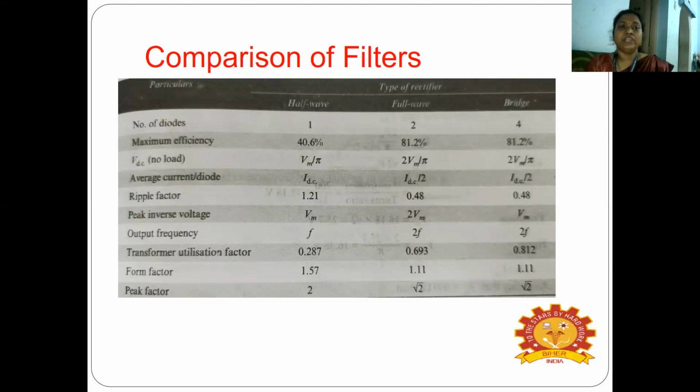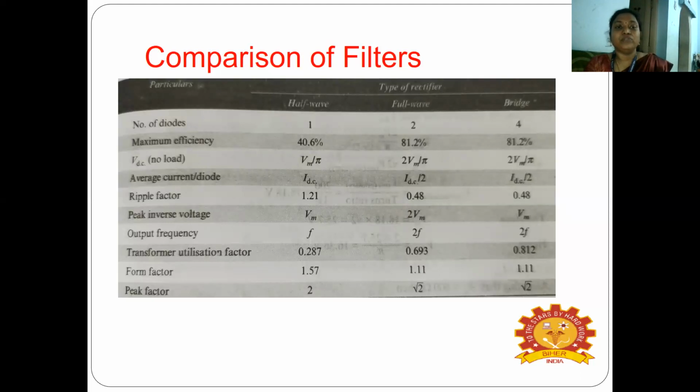For the half wave rectifier, the number of diodes we have used is only 1, full wave rectifier 2, bridge rectifier 4 diodes. Next, the maximum efficiency: for the half wave rectifier you are getting 40.6%, for the full wave rectifier 81.2%, and for the bridge rectifier 81.2%.